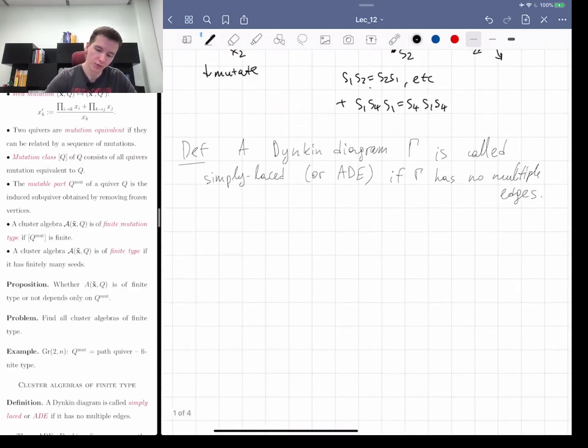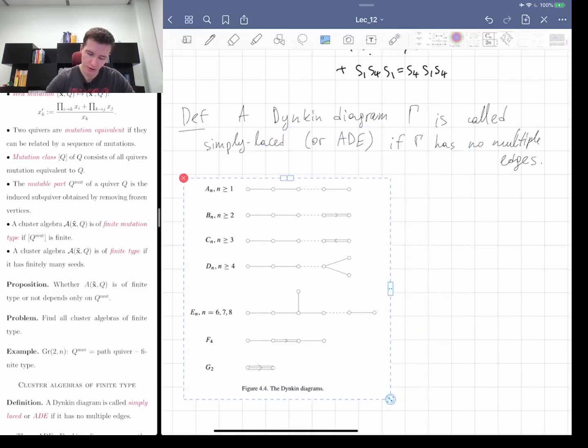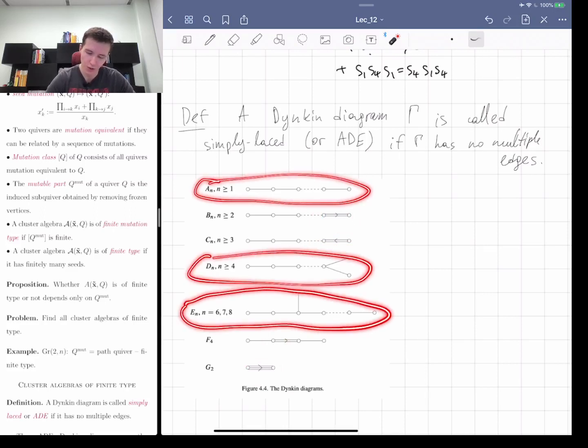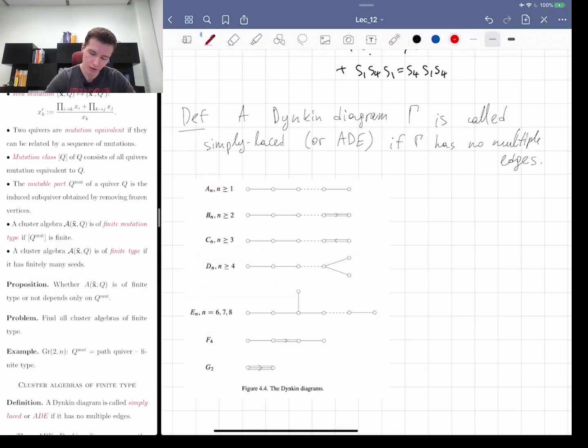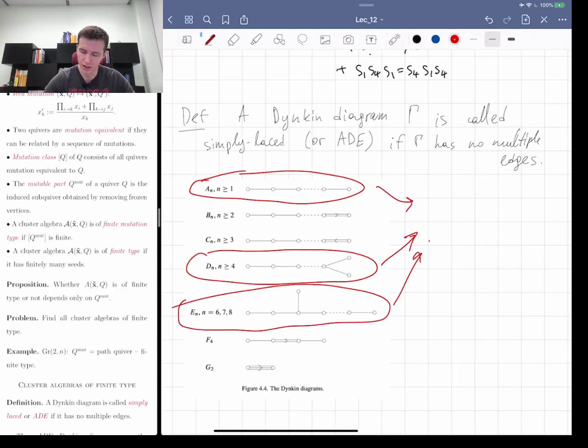Let me remind you what was the list of Dynkin diagrams. You can see that you have multiple edges for types B, C, F, and G. And you don't have multiple edges for types A, D, and E. And that's why these are the ADE Dynkin diagrams.